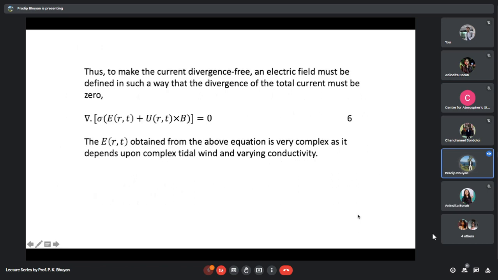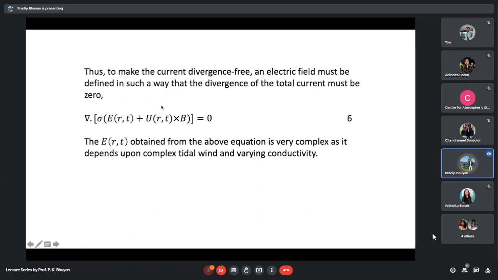May not be divergence free means it will diverge. It will change with time, or it may change with distance.